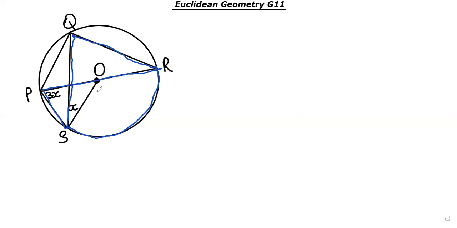And we know that angles subtended by the same arc at the circumference of a circle are equal to each other because they are angles in the same segment. So that's what you tell them.